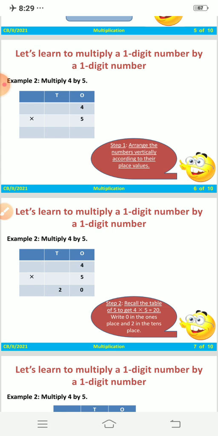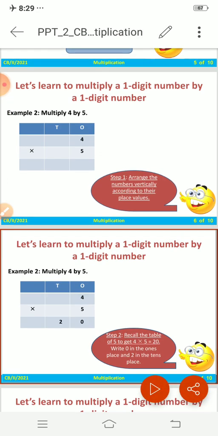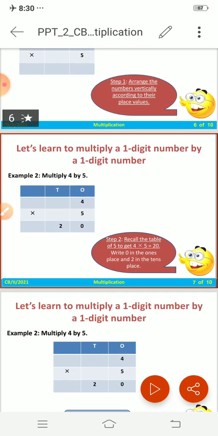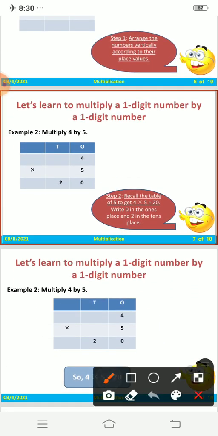So what you will do now, is now we have 2 digits, right? So now you will write 0 in the ones place and you will write 2 in the tens place. Same way it is shown here clearly.